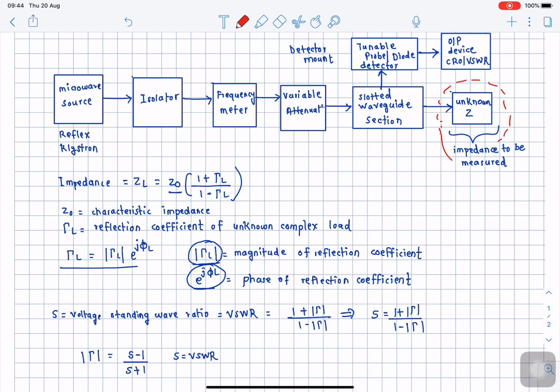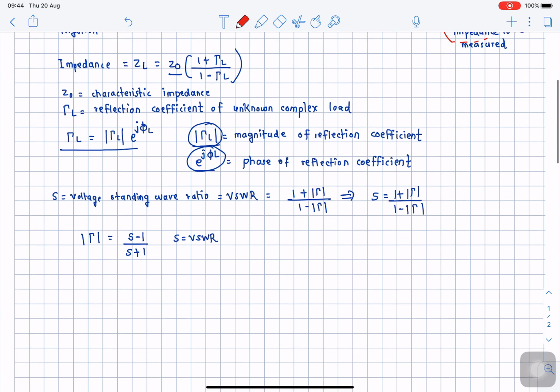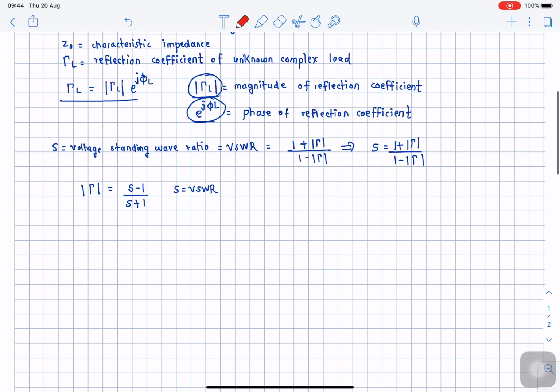Whatever VSWR this unknown load develops, we take it and calculate the magnitude of the complex reflection coefficient.